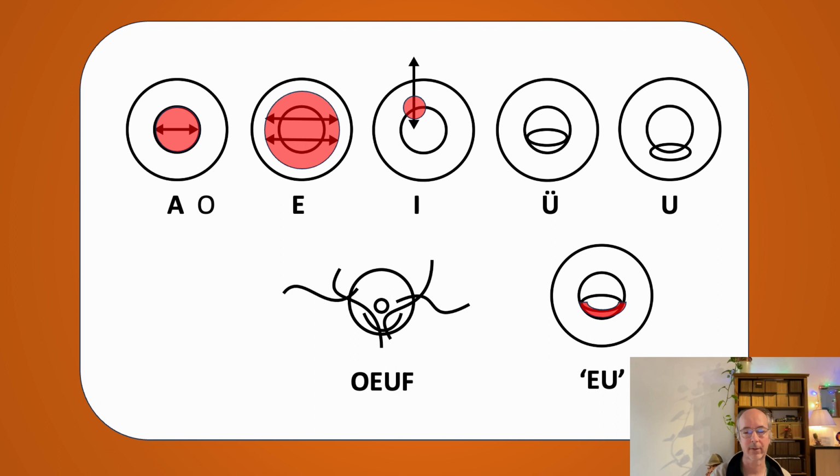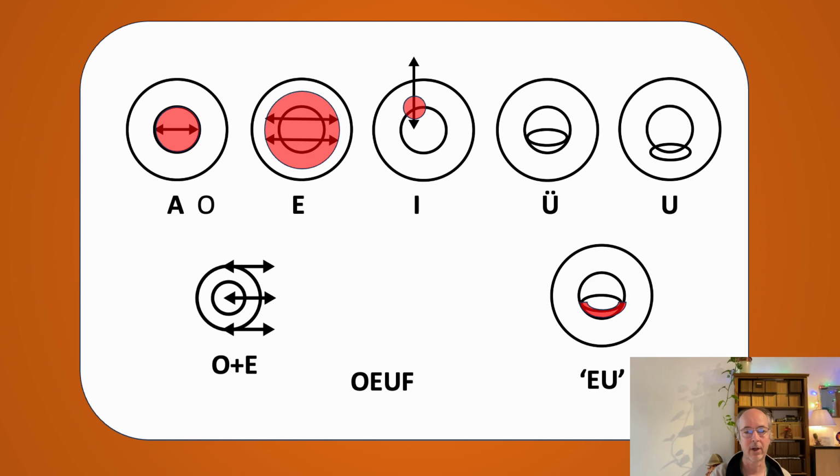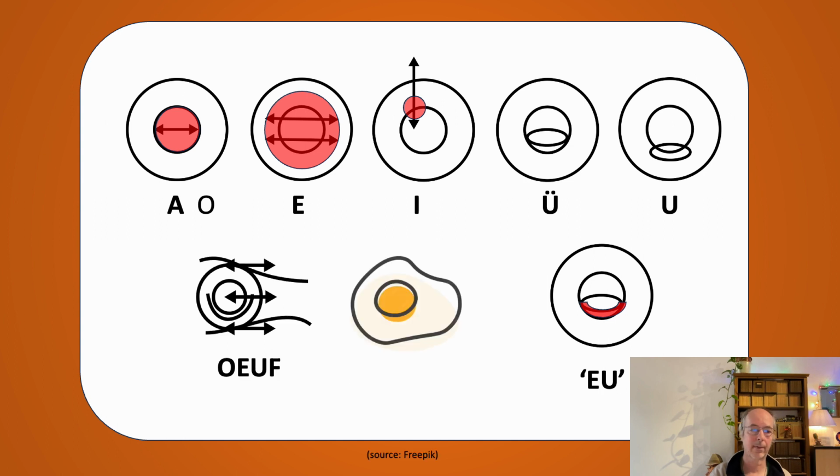So let's focus upon the written letters. We have the O plus E, and then also the F. As you can see here, when we compare it to the reality, we already have something else.